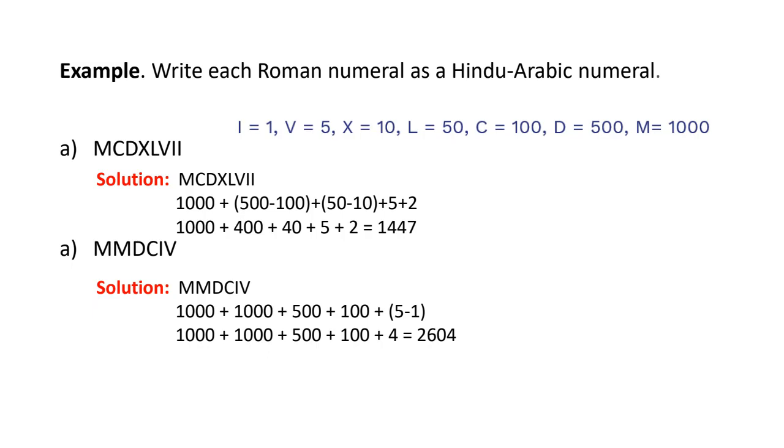When you get to the C, you look at the I, which is smaller, so you're going to add the 100. And when you get to the I, there's a V. Well, that's actually bigger because 1 is less than 5. So then you're going to subtract those two, 5 minus 1, which is 4. So this number is 2,604 by adding all of them.